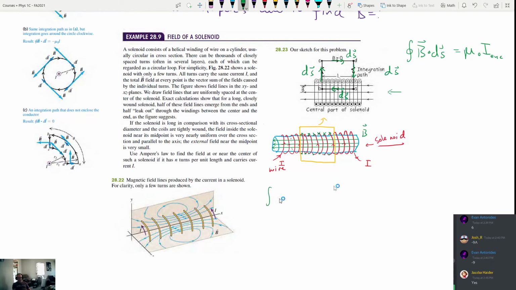There's going to be the integral of B dot ds from A to B. There's going to be the integral of B dot ds from B to C. The integral of B dot ds from C to D on the top right there, plus the integral of B dot ds from D to A. And that will complete our integral, right?